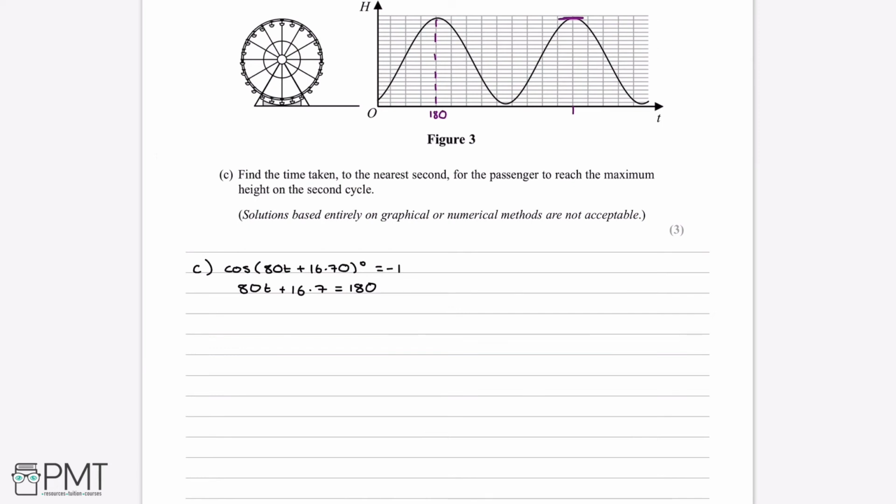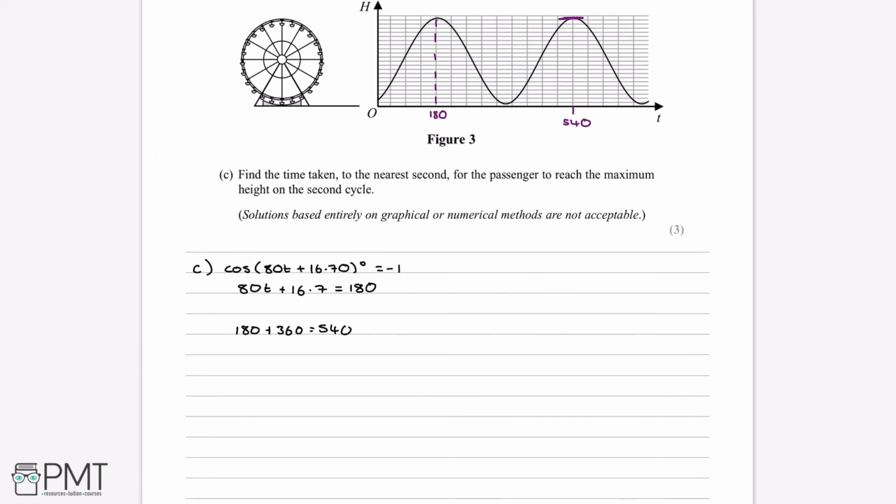So to find the next one, as a general rule for these kinds of graphs, we just add 360. So 360 plus 180 is 540. So we can say that this next maximum occurs at 540. So this up here is 540 degrees.